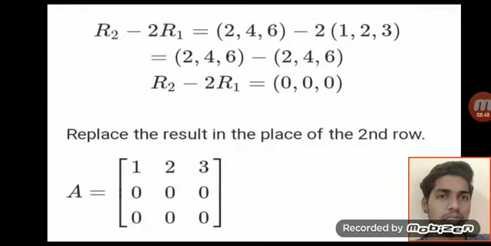In R2 also there are zeros. Replace the result in the place of the second row, and A is equal to 1 2 3, 0 0 0, and the third row 0 0 0.